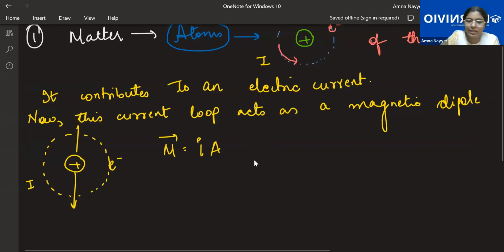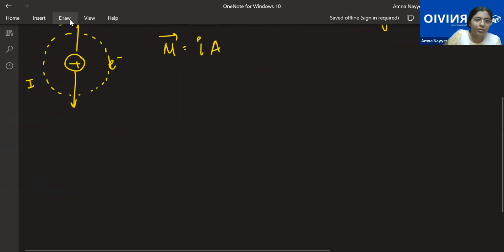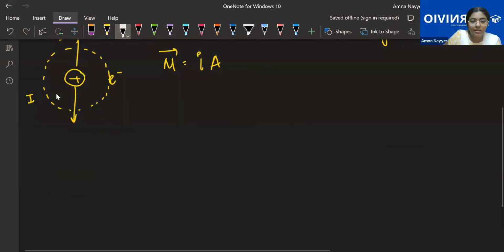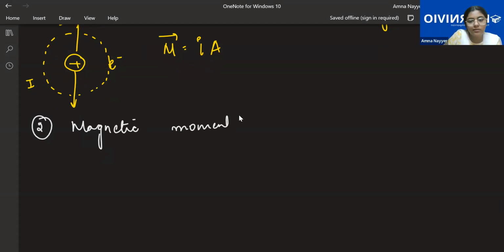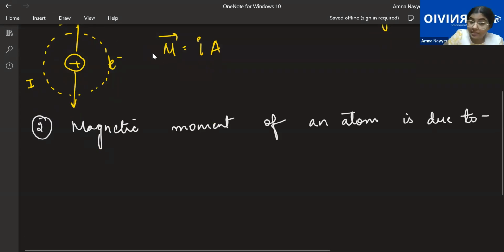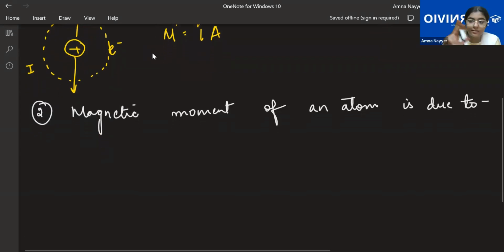Okay. Now, why do we have this magnetic moment? There are reasons for it. I'll tell you the reasons. Once it came in the board exam also. Look, the magnetic moment of an atom is due to, first, the most important reason, this orbital motion of electron that we have studied.